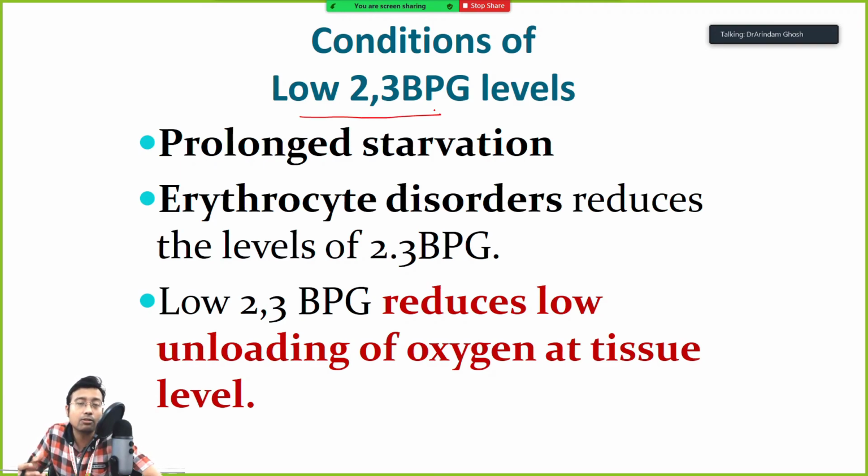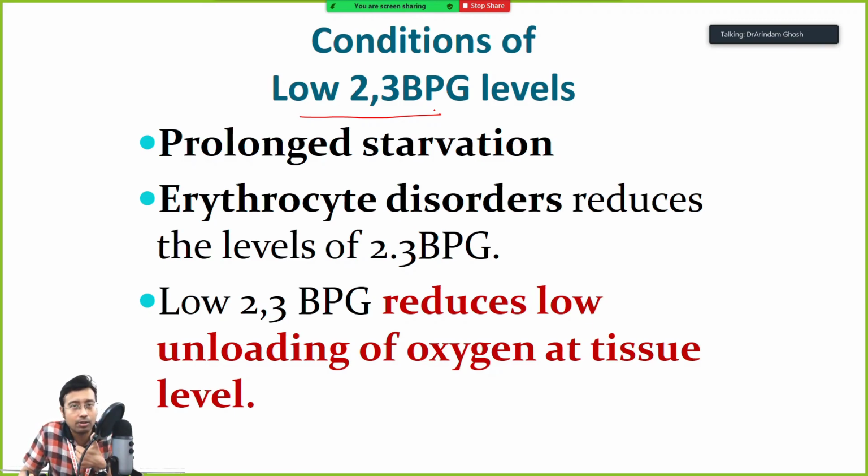So what are the conditions when there will be low 2,3-BPG level? These are the conditions when the body was increasing 2,3-BPG level: number one, hypoxic condition, and exercise. Naturally, low 2,3-BPG occurs when there is low glucose, as 2,3-BPG is actually a product of glycolysis. For that we need a good amount of glucose to start with.